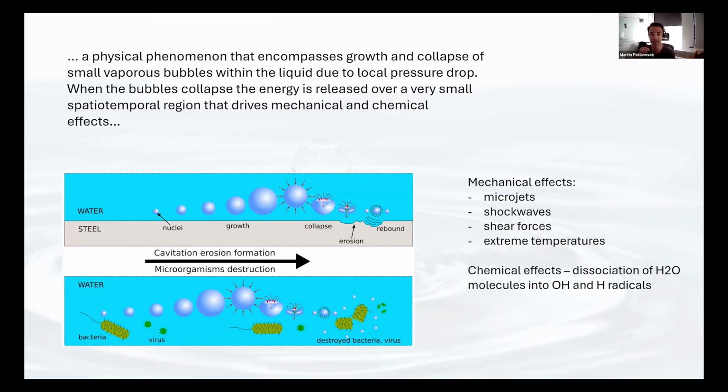With these extreme effects, we can cause, for example, bacteria to rupture, virus to inactivate, or even, as Mojca already mentioned, we can achieve oxidation of different chemical compounds, because due to the extreme temperatures that can happen when the cavitation bubble collapses, the water molecules that are there can dissociate into OH and H radicals, and these radicals are extremely reactive and can oxidize various chemicals.